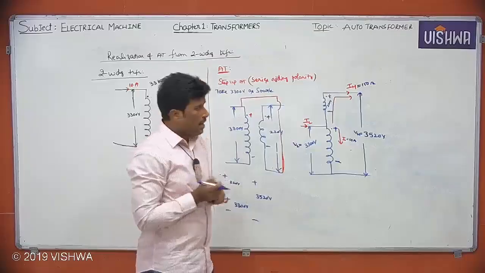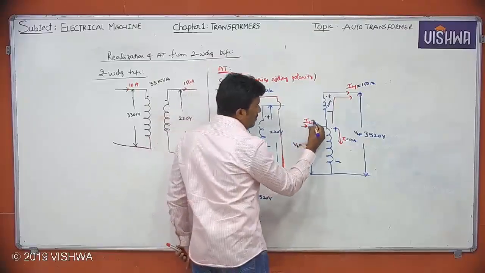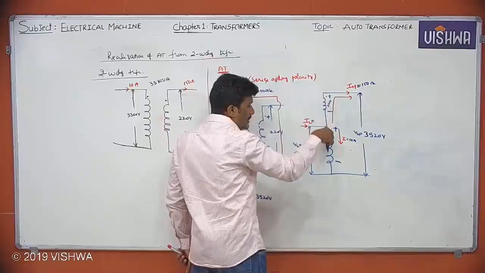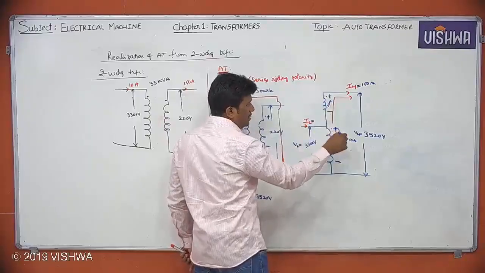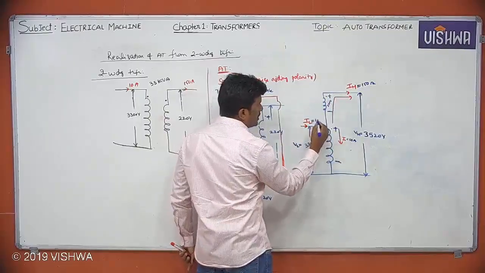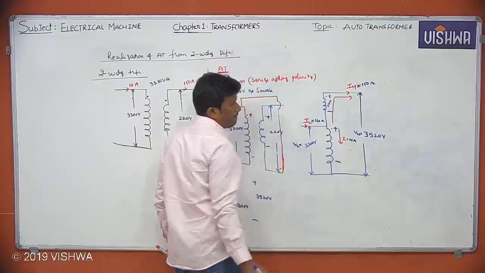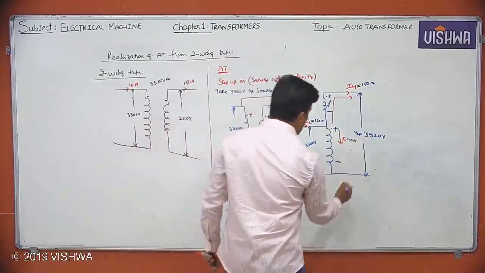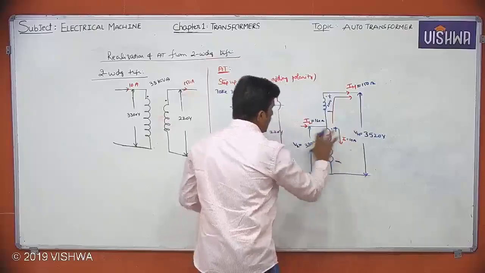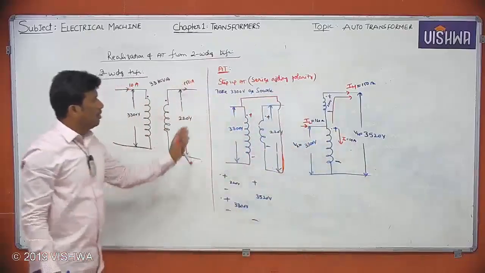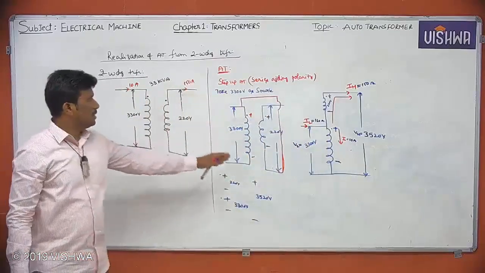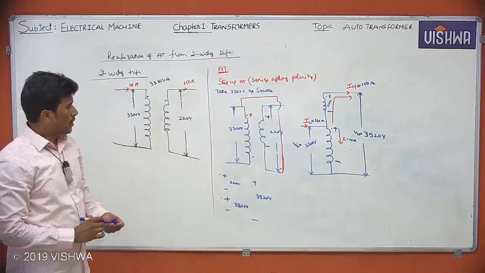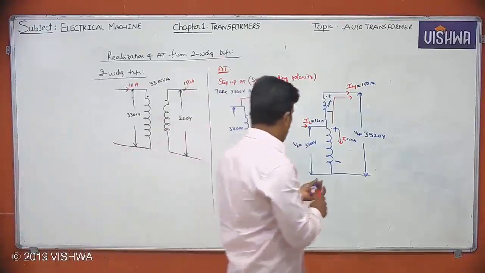Is it clear? Now IL becomes how much? This is the total current going to the 3300 and 220, the sum of this I and IH. How much? 160 amperes. Is it clear? Like this you have to convert. You have to modify a two-winding transformer as an auto transformer, that too a step up transformer. Is it clear?